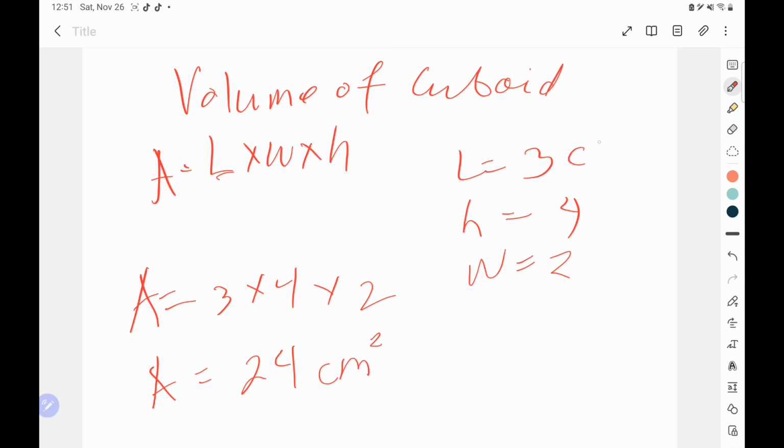Let's say, for example, this is centimeter, centimeter, centimeter. It should be cubic. All right, the unit must be centimeter cubed, or meter cubed, or whatever the unit there is.